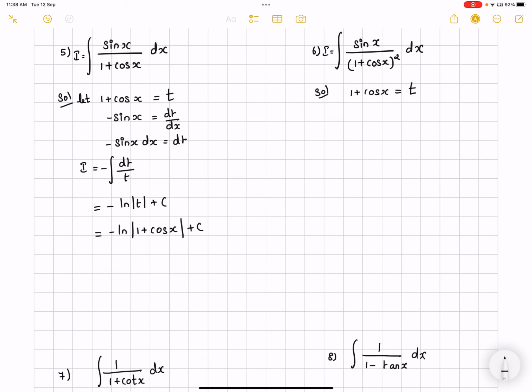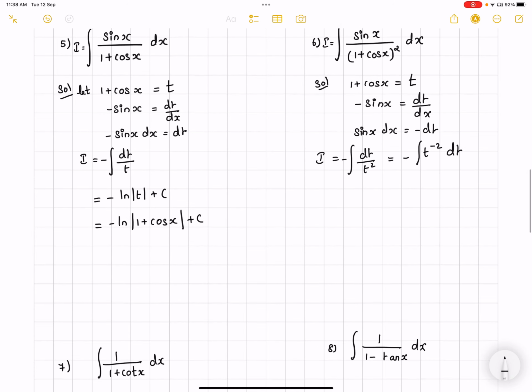Then in that case, when we differentiate both the sides, I would be getting minus sin x is equal to dt by dx. So I would be having sin x dx is equal to minus dt. Now let me just replace everything from x to t. I would be getting minus dt divided by t square, which is nothing but minus t to the power minus 2 dt.